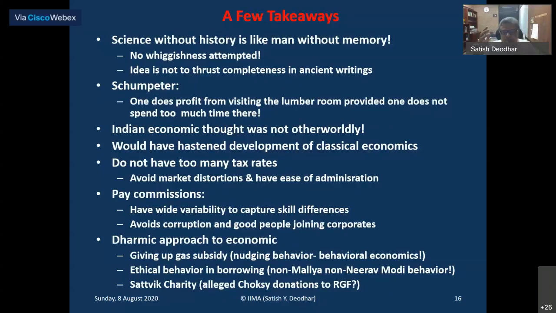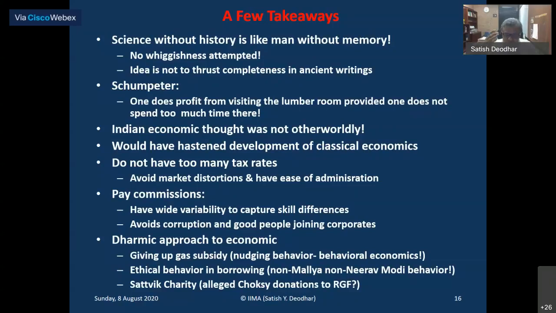Even Amartya Sen wrote a paper called Rational Fools. He did not want to commit in his paper and didn't call some of the objectives dharmic, but he said we have moral commitment. What moral commitment he's talking about is basically what our literature has been talking about, the dharmic worldview.